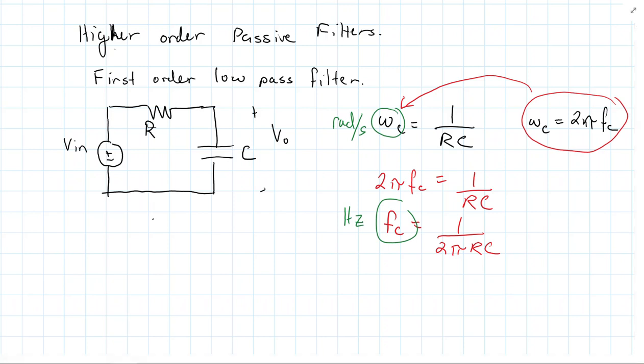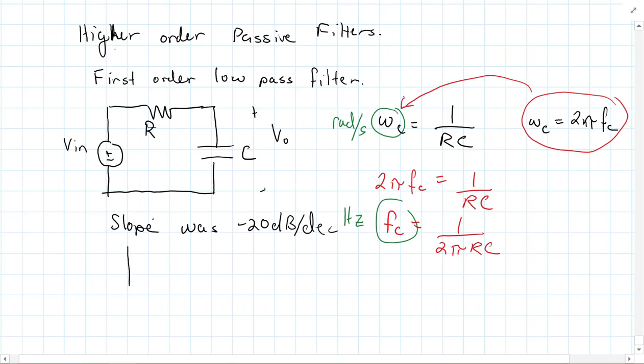The other thing you should recall, in one of the videos when we looked at the magnitude of the output in decibels for different frequencies, we saw that the slope of this was minus 20 decibels per decade.